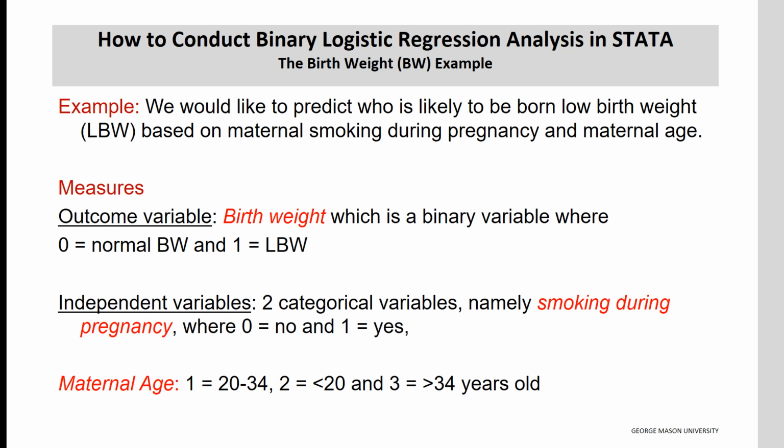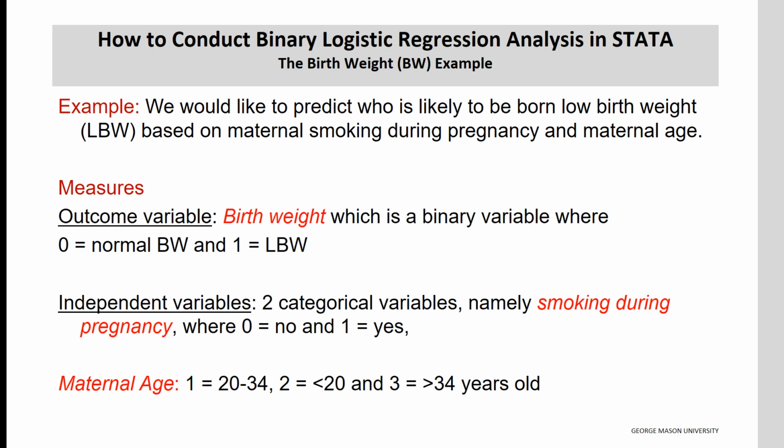Now, when the outcome variable is binary, we usually use 0 to denote the group that is likely to be healthy, or the group that is likely to have the larger number of cases, while 1 is used to denote the group that we're trying to predict.